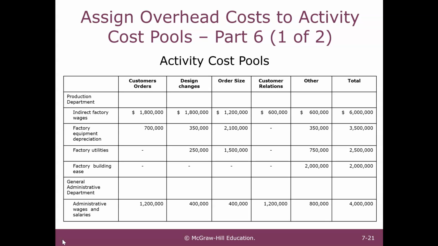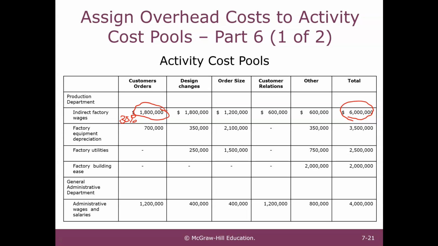For example, I had asked you to remember that indirect factory wages were 30%. The total factory wages is 6 million. If you take 30% of 6 million, you get 1,800,000.